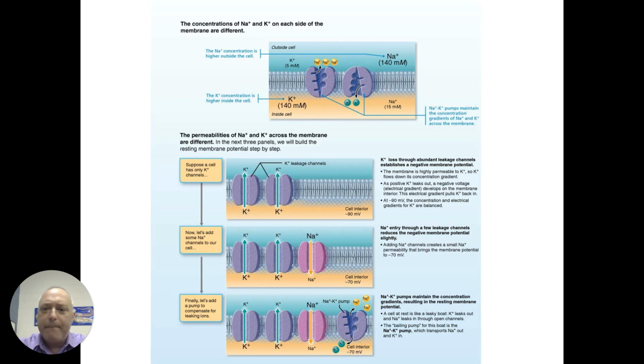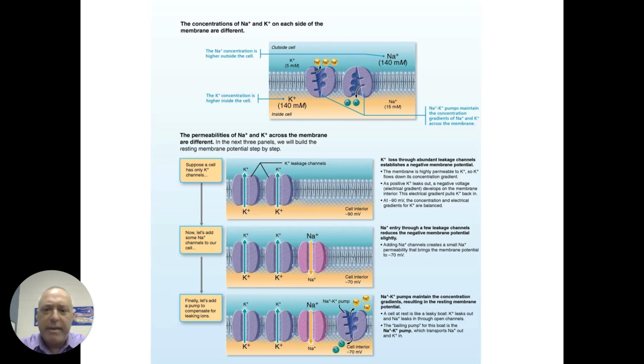Okay, so we get back to ions, and we remember that sodium is in high concentration on the outside of the cell, or the extracellular, while potassium is in high concentration on the inside of the cell.